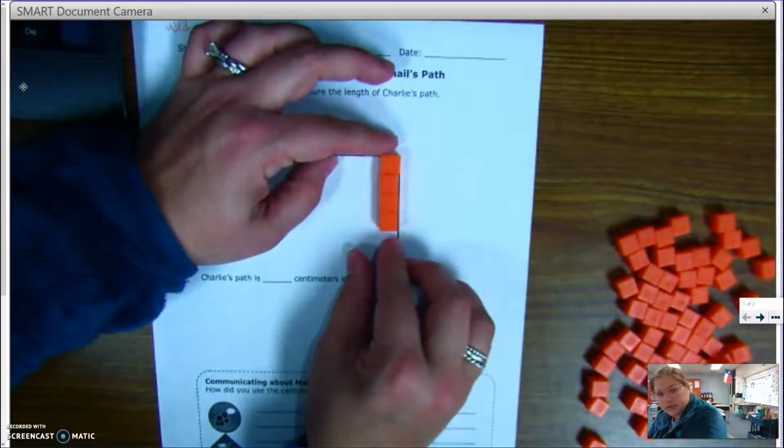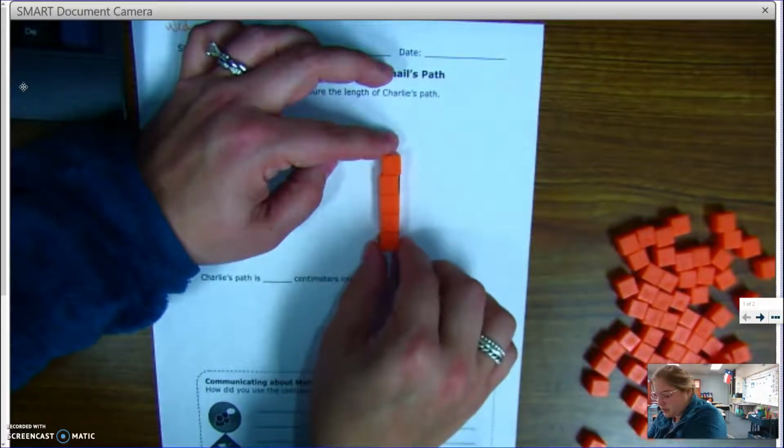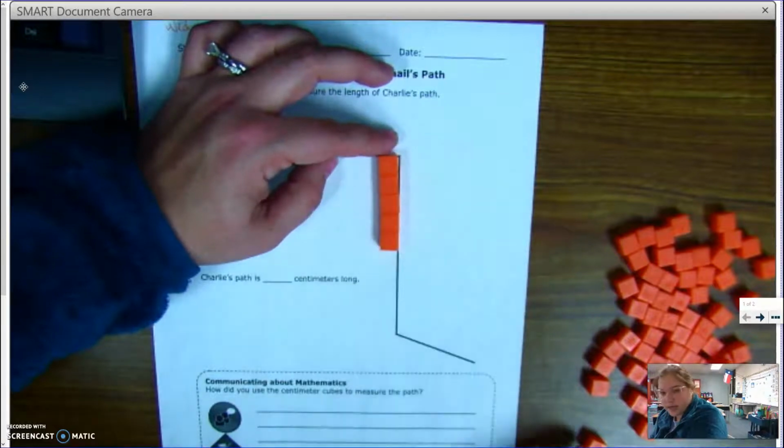So I accidentally moved these. I'm going to put my finger at the end to keep these there. I want you guys to be able to see the line.